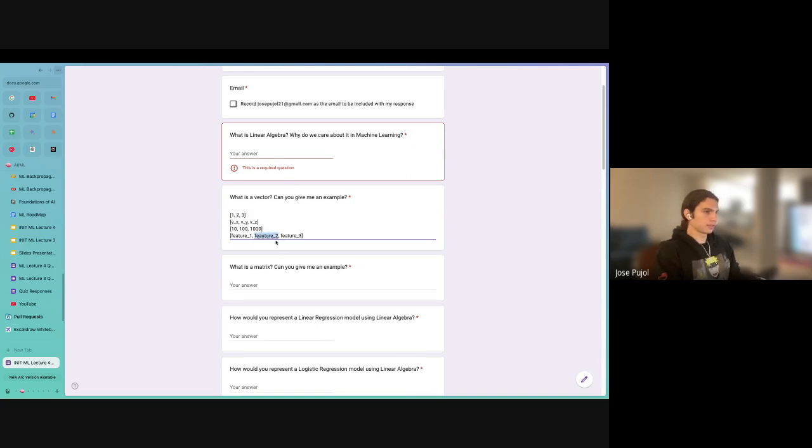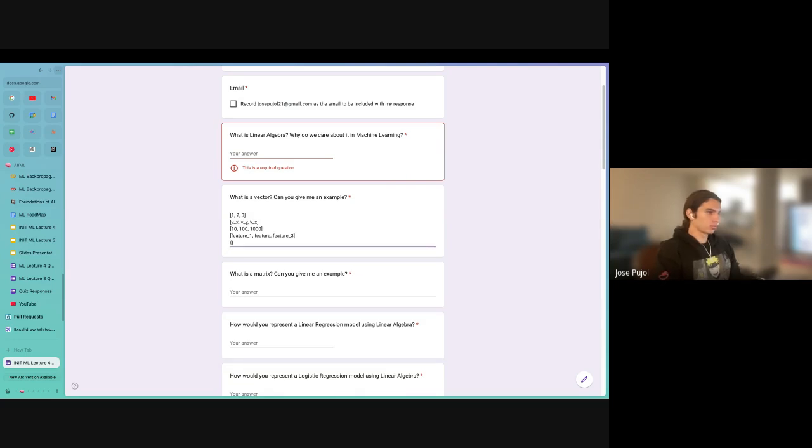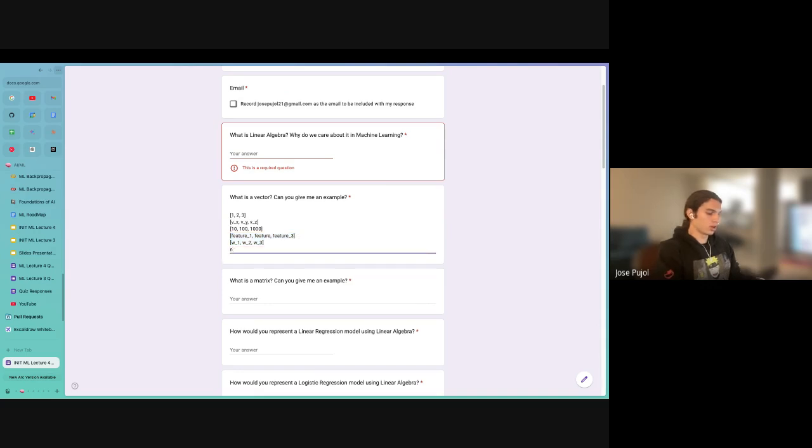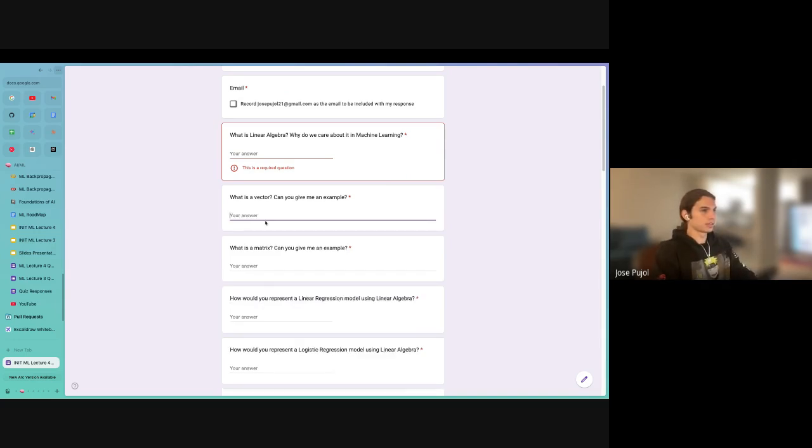And then you can have a corresponding weight for each one. That would also be represented as a vector, right? W1, W2, and W3. And then you take the dot product between the two, and that will give you your prediction, right?